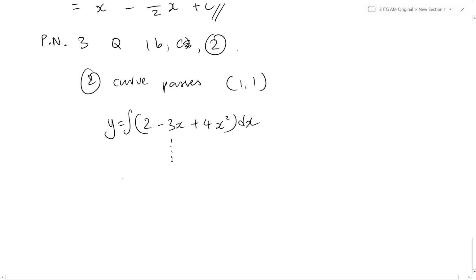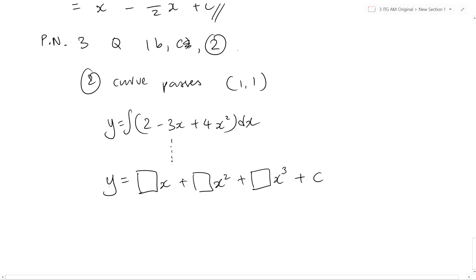When you finish this, all the powers will increase, right? You'll have something x plus or minus something x squared, plus or minus something x to the power 3. Then you have an arbitrary constant at the end.